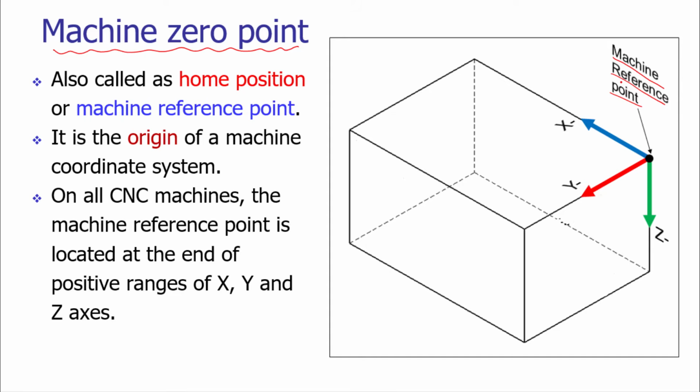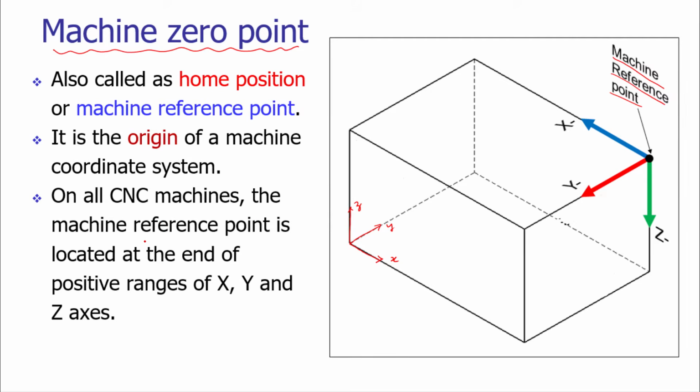So each work volume is having x, y and z axis. Each work volume we are considering as a cuboid with three dimensions x, y and z.